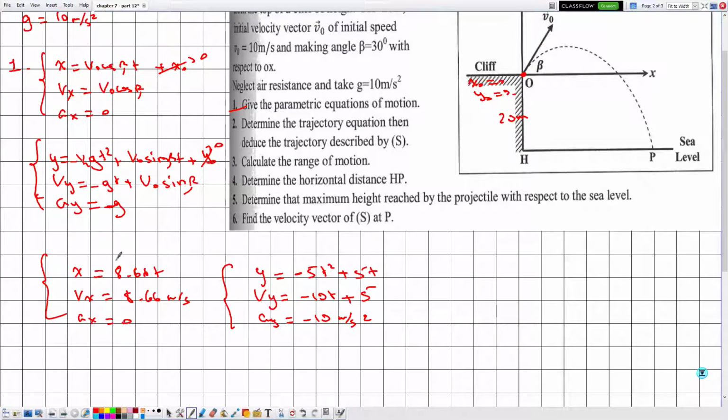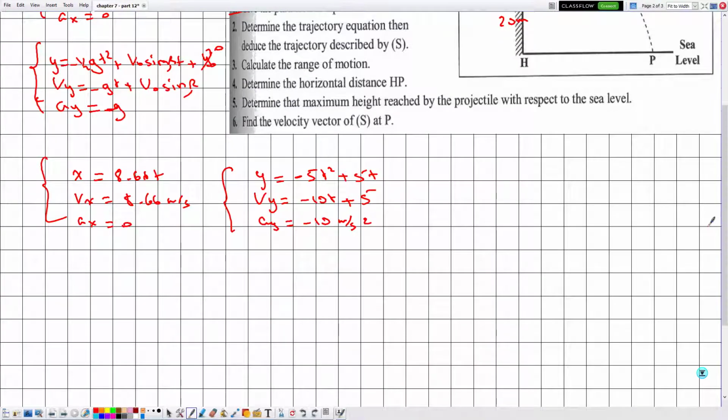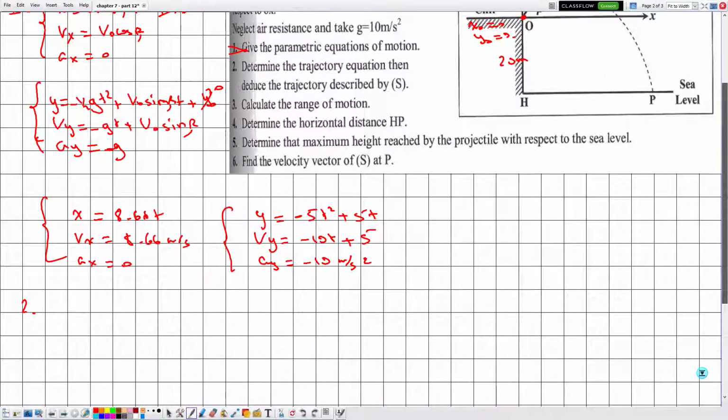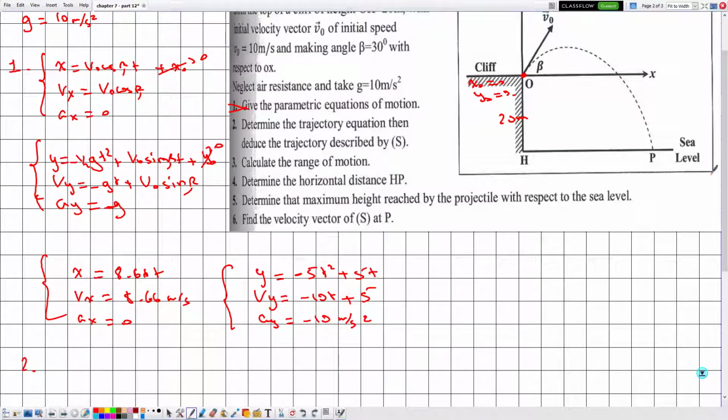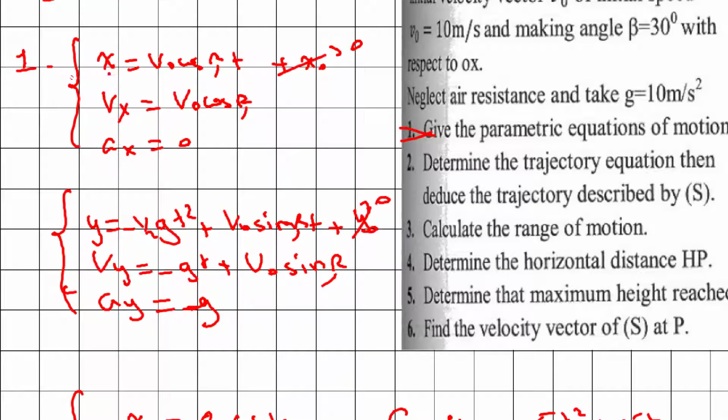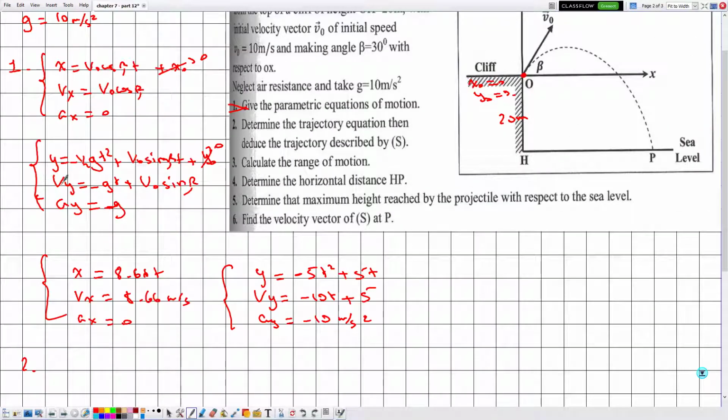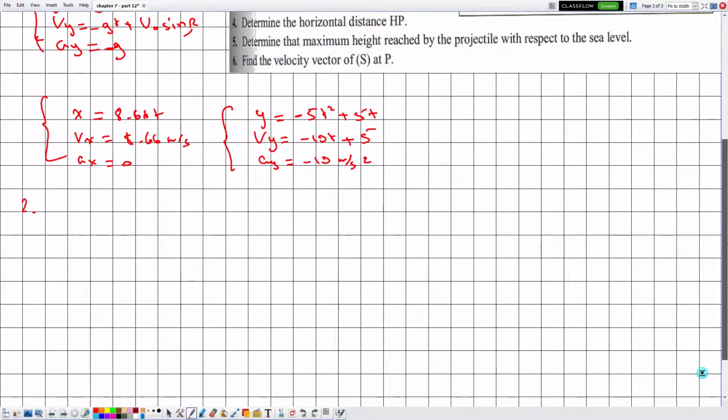As soon as we have determined the parametric equations correctly, we expect that the rest of the exercise will be just a cakewalk. Now in number 2, they are telling me to determine the trajectory. The trajectory equation is the relation between x and y. I prefer that you use everything in terms of the other variables, and then at the end of this part, you replace the numerical values.